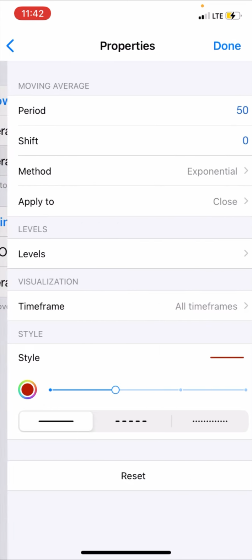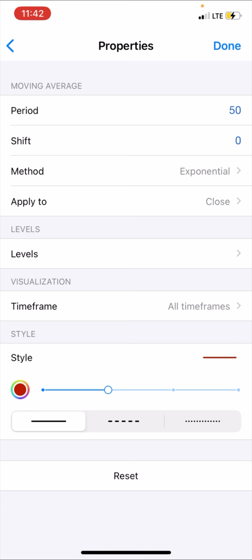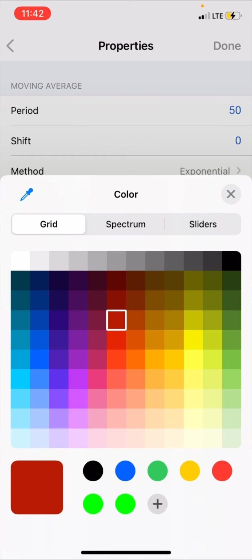And then the next one is going to be the period 50, shift 0, method exponential. Remember, this is another moving average. Method exponential, apply to close, no levels needed. And for visualization, leave it at all time frames and choose color red if you're using the white background. Choose any other color if you're using the black background, but make sure it's visible on your chart.